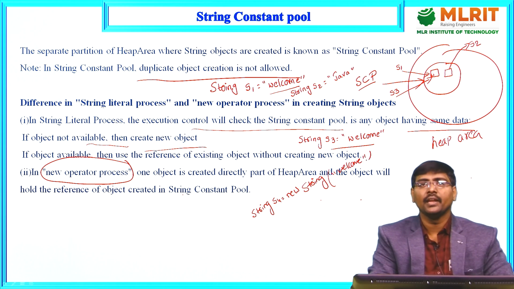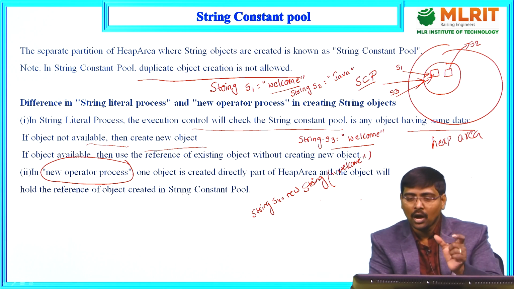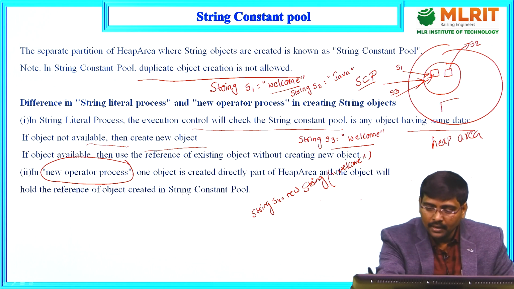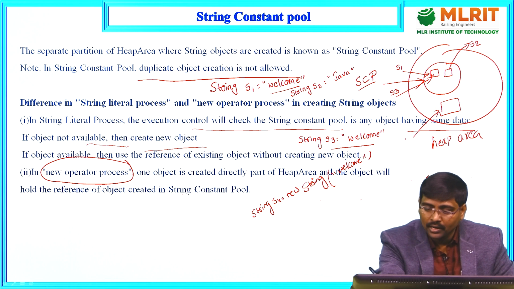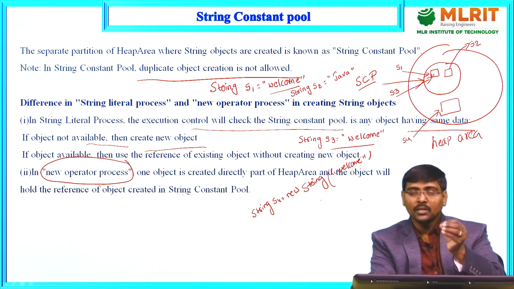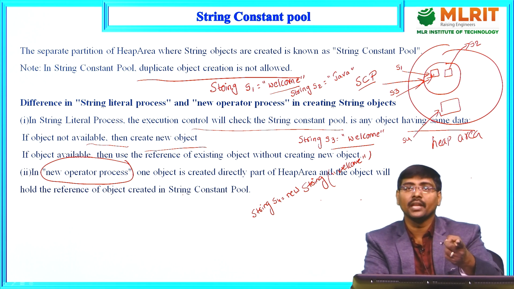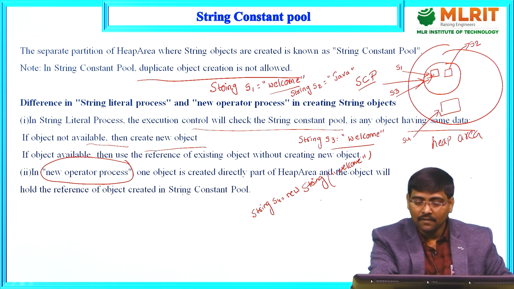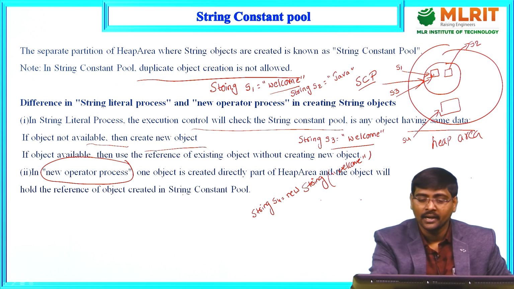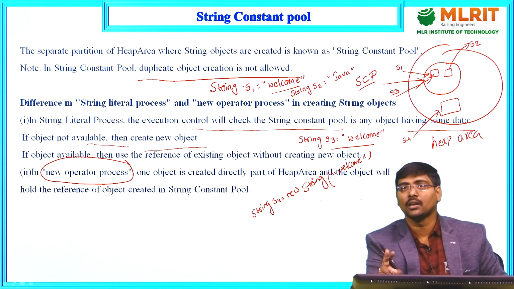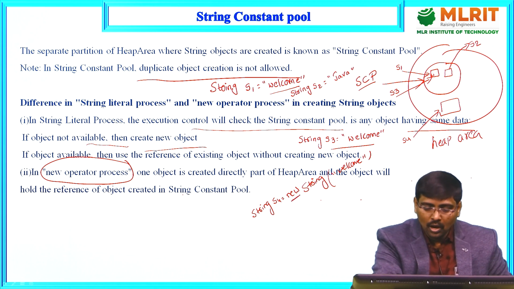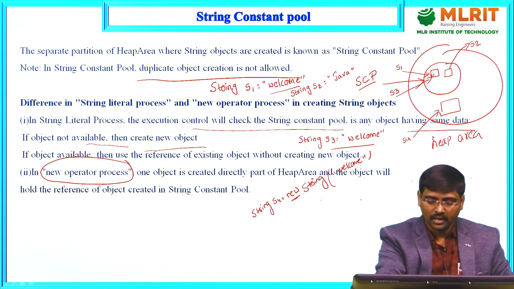If you create the string by using the new operator, some memory is allotted inside the heap. This is pointed by S4. Assume that the string welcome is already created. Remember, even though welcome is created by using string literal and stored in the string constant pool, for each new operator, new memory is allocated.